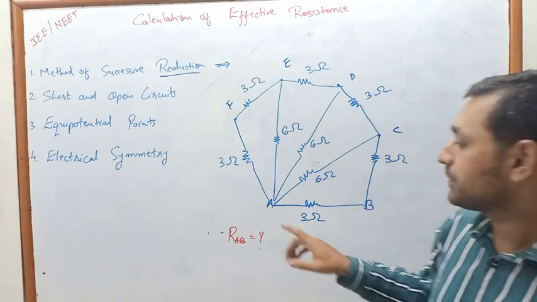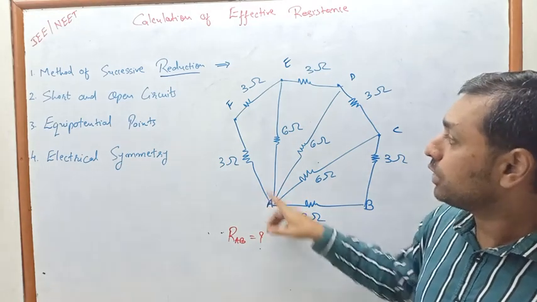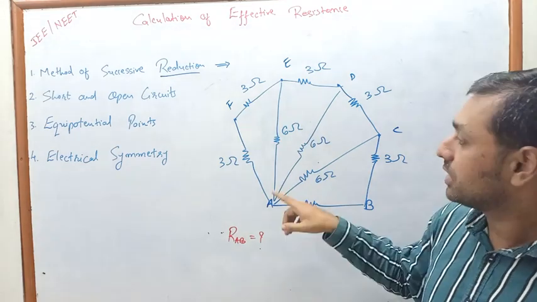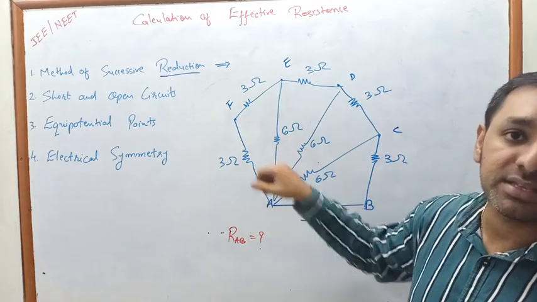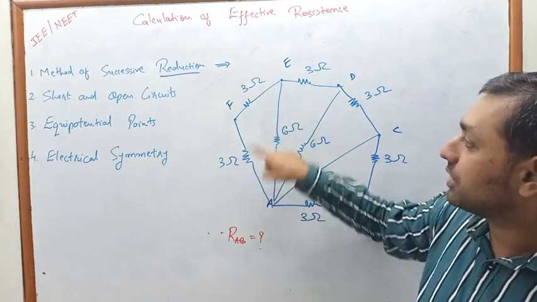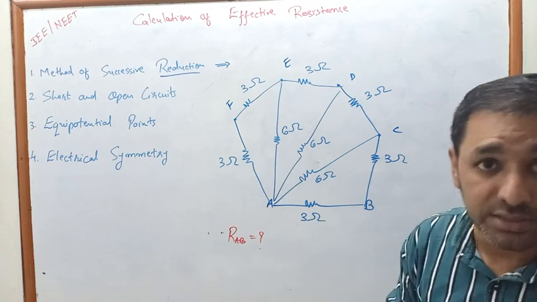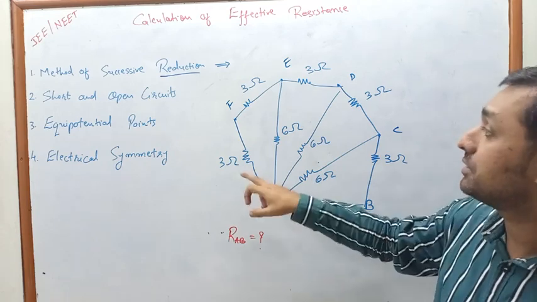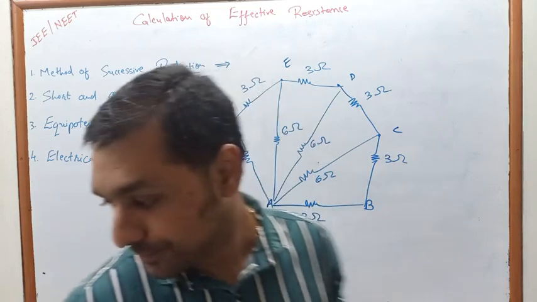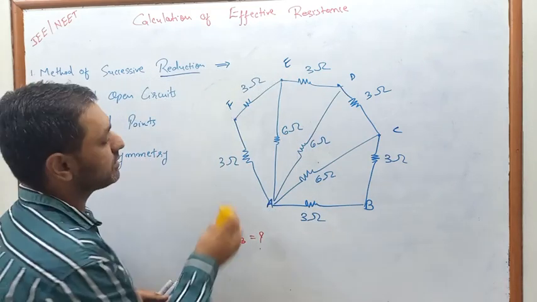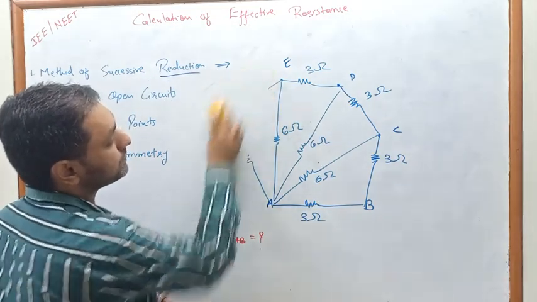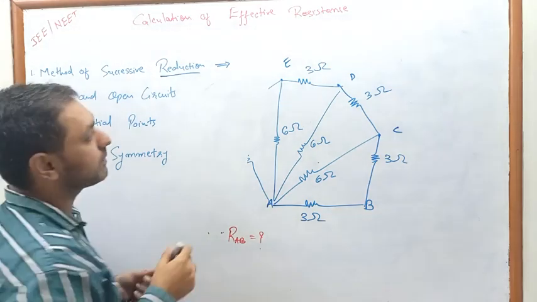So I'll start from this point, A to F and F to E. These two resistances are in series, means instead of these two I can put one resistor whose resistance is 3 plus 3 means 6.